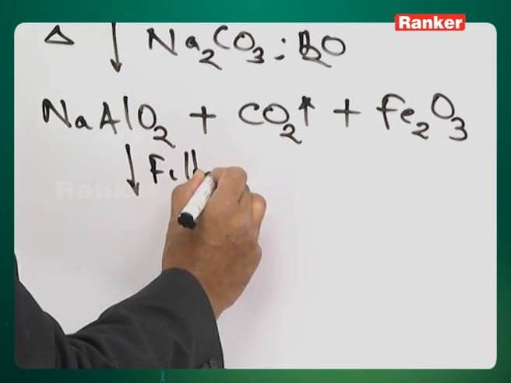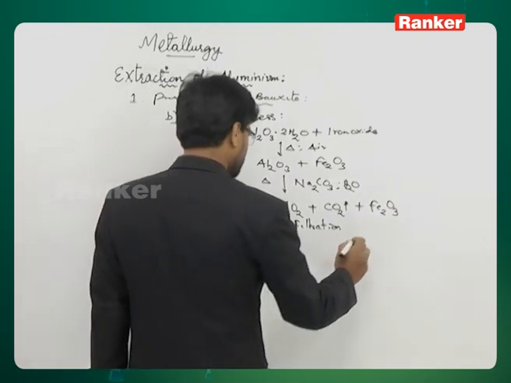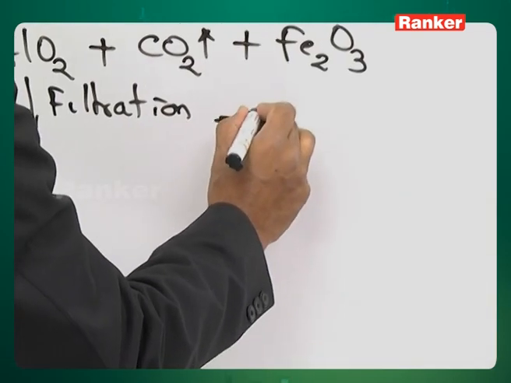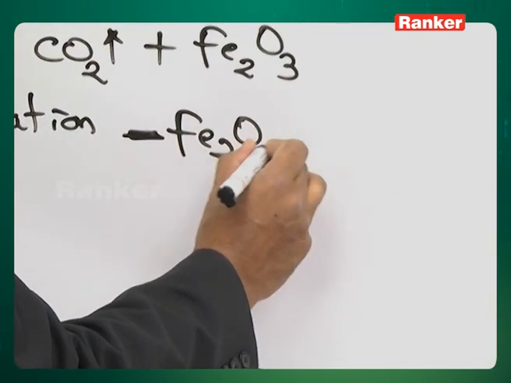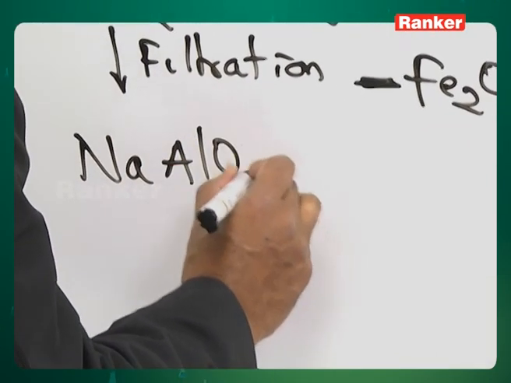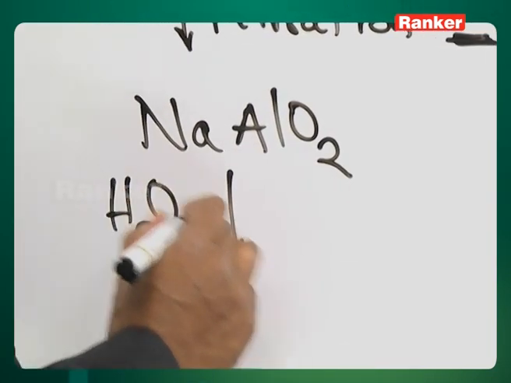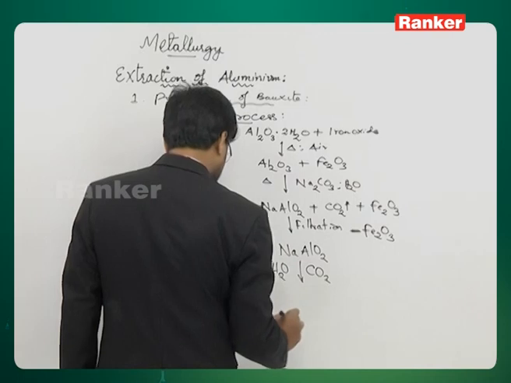Now you do filtration, you get rid of Fe2O3. Now what you have in your hands is NaAlO2. This is then diluted with water and carbon dioxide gas is bubbled.